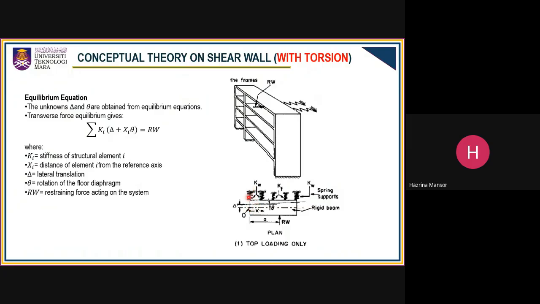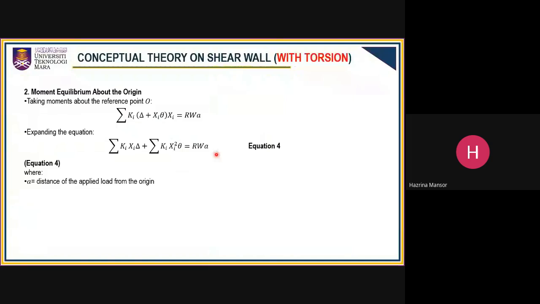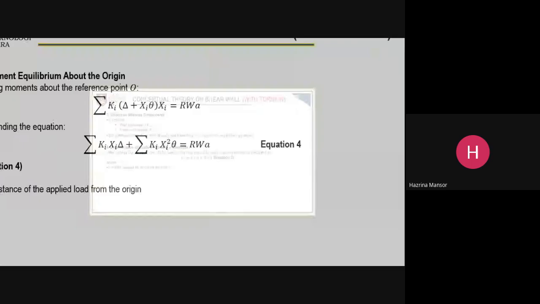For the first wall frame stiffness, the xi would be equal to 0 because it is in line with the origin, while for wall stiffness 2, the xi is the distance from the wall to the origin, and similarly for the frame and the rest of the structure system. So taking moment about the reference point, the equation expands in this manner, and after that you will get equation 4.